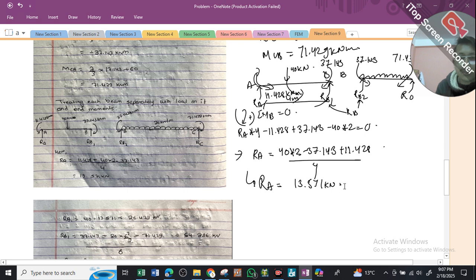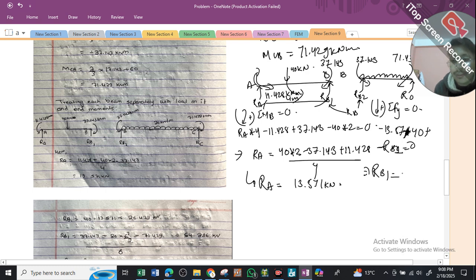In order to find RB1, you can take clockwise moment at A equals to 0, but it's going to be a lengthy process. Instead, you can simply take all the forces, summation Fy equals to 0. Since RA is acting upward, minus 13.571 plus 40, and since I have assumed RB1 to be acting upward, minus RB1.